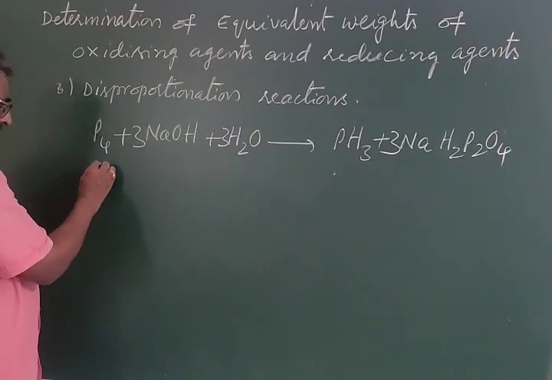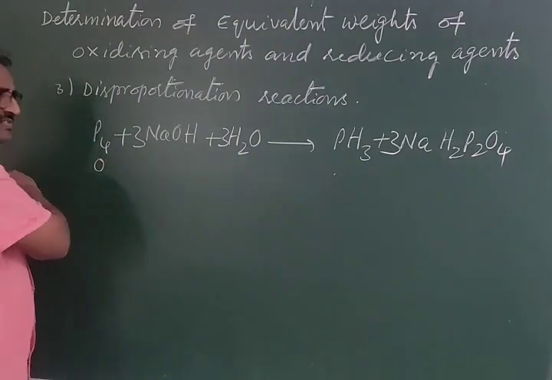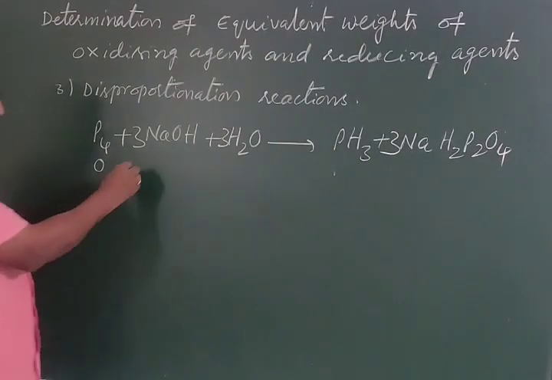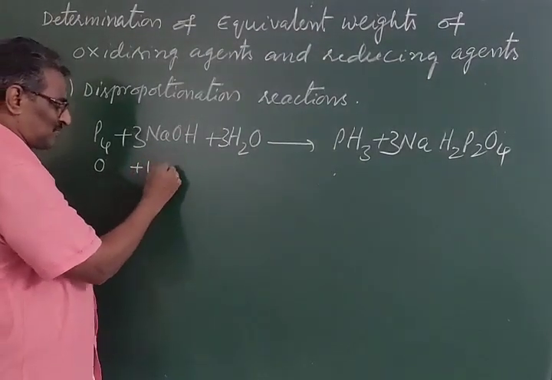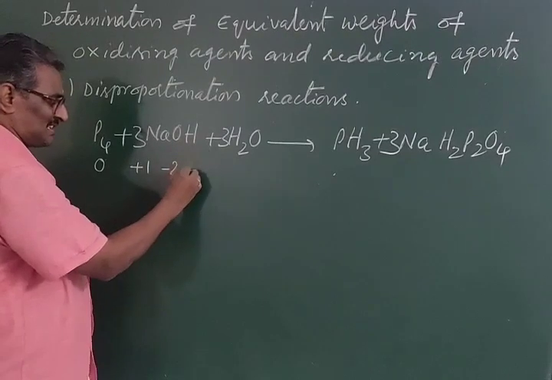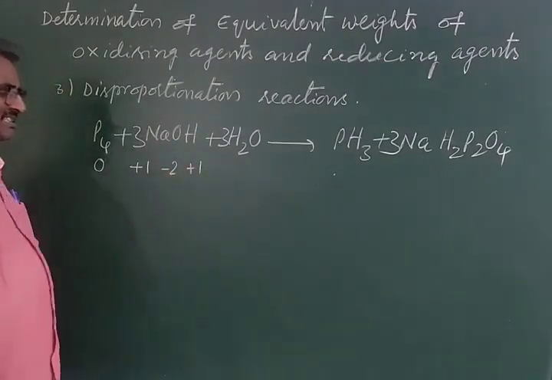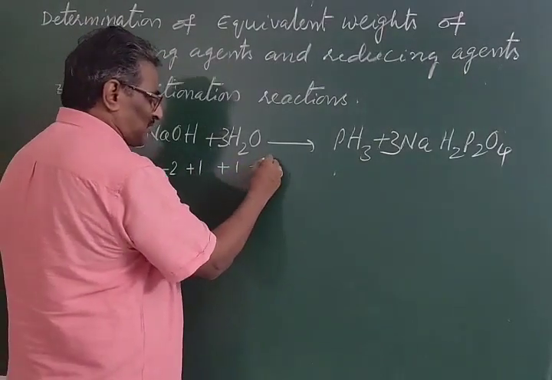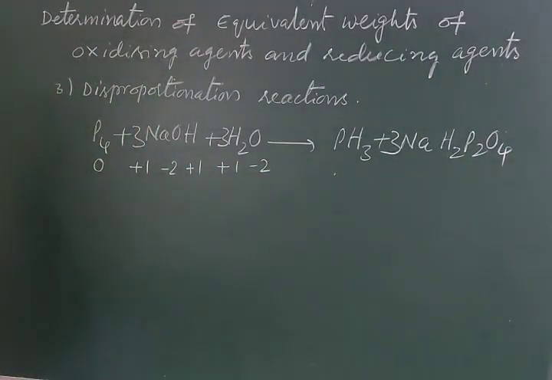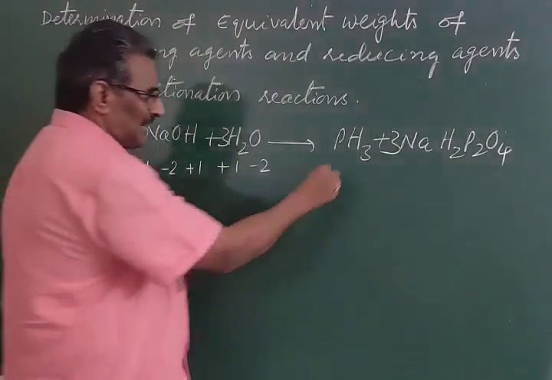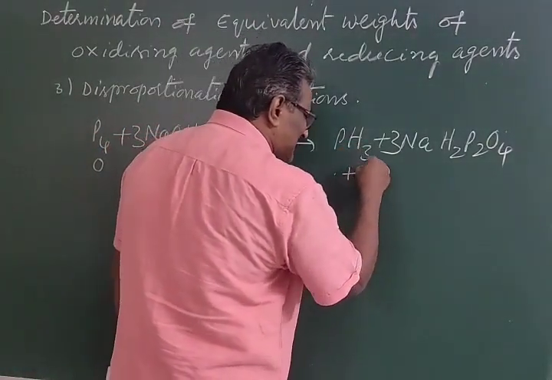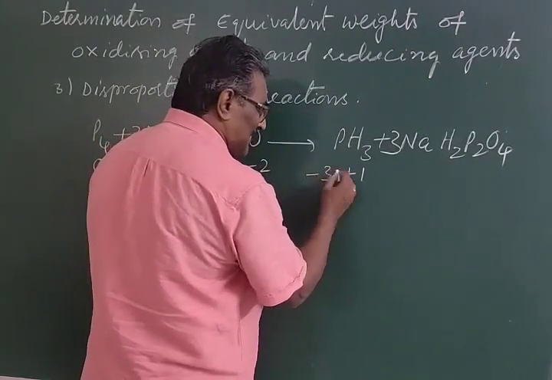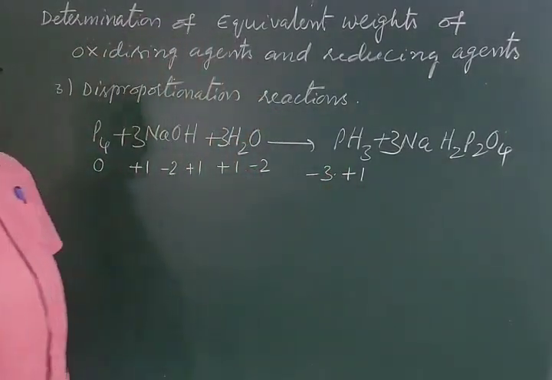Here, the oxidation state of phosphorus is 0 as phosphorus is in the elemental state. Oxidation state of sodium is +1, oxidation state of oxygen is -2, and oxidation state of hydrogen is +1. In PH3, oxidation state of hydrogen is +1 and oxidation state of phosphorus is -3.